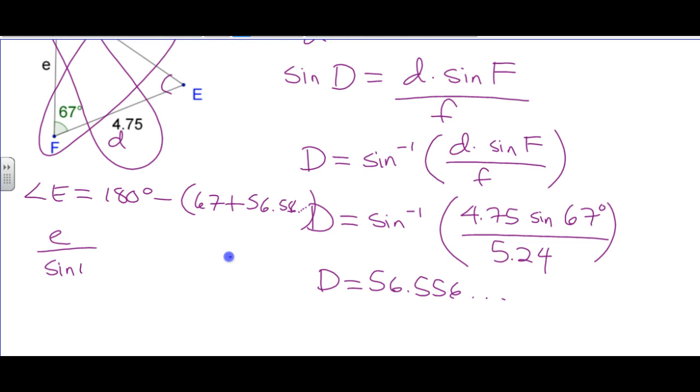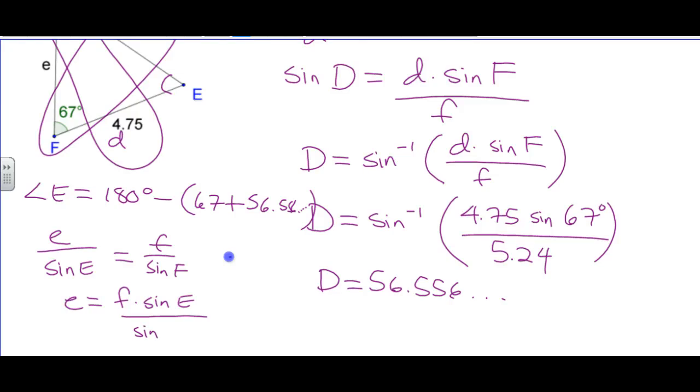Going to say, I want to solve for little e. Little e over sine of e is equal to, remember my known stuff, right? What was my known stuff? It was f and sine of f. So little f over sine of f. Okay, we're not looking for the angle this time. So little e, just to rearrange, is f times the sine of angle e, divided by the sine of f. Now remember, angle e is sitting in our calculator, and we're just going to pull that number back in and use it.